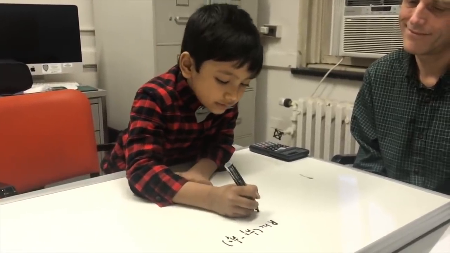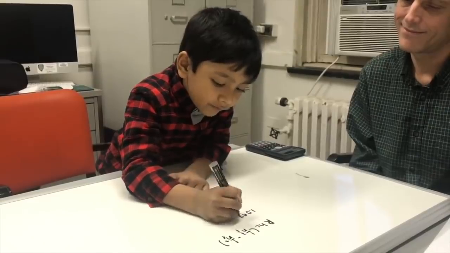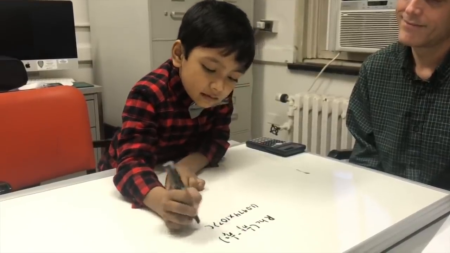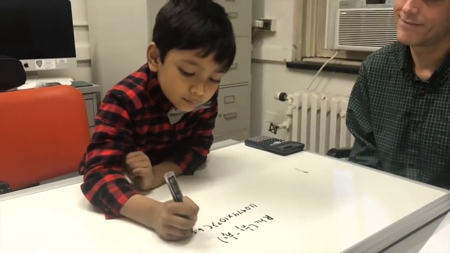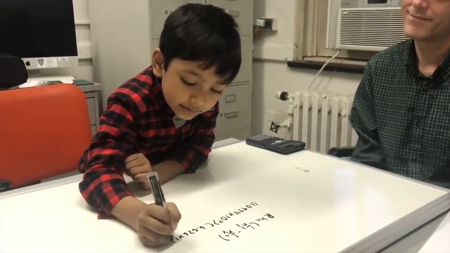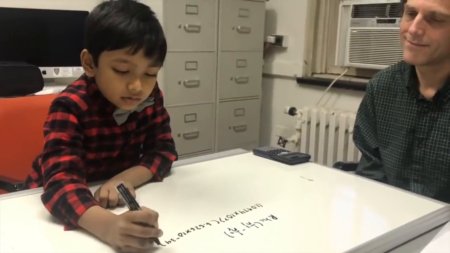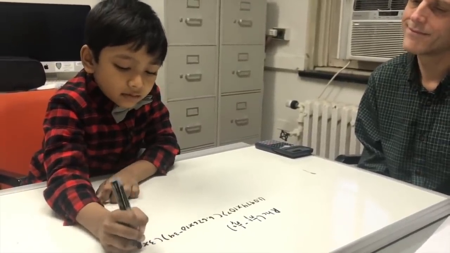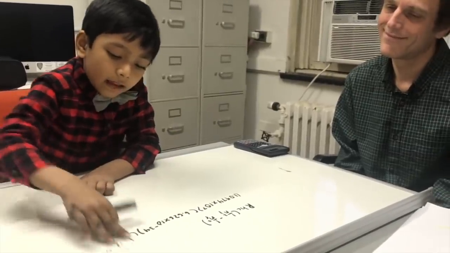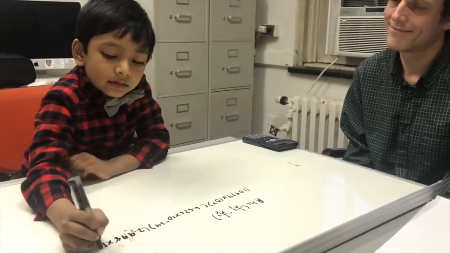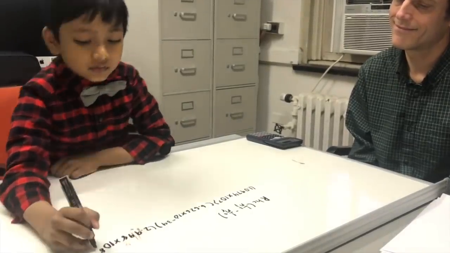The Rydberg constant, 1.0974 times 10 raised to the 7th, times the Planck constant, 6.626 times 10 raised to the negative 34, times the speed of light, 10 to the 8.